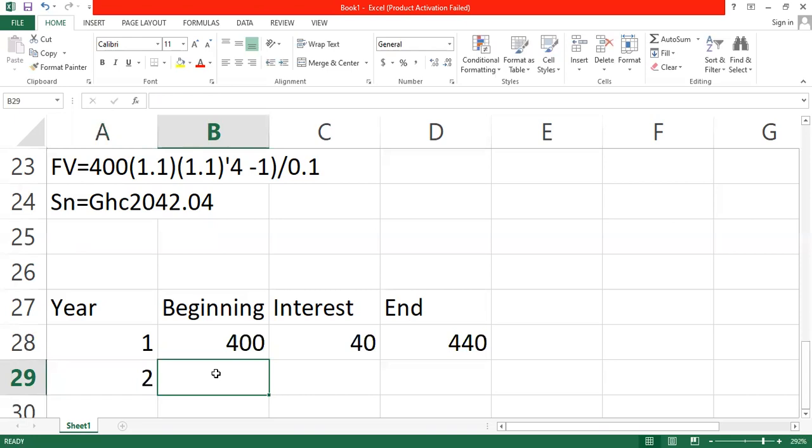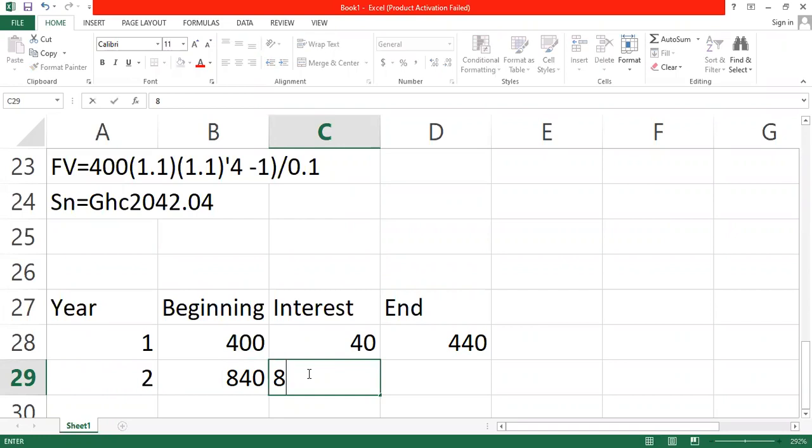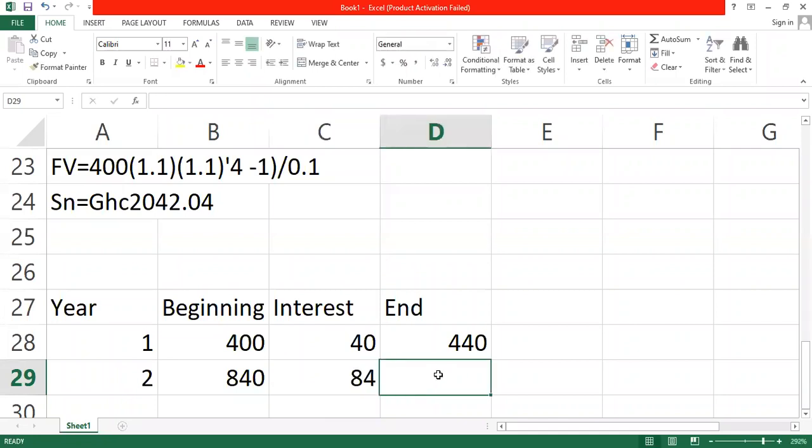We are going to have 440 plus additional transfer, isn't it? That will give us what? 840, because the transfer is made at the beginning of the year. So you have your balance from year 1 plus the additional transfer. So how much will be the interest earned? 10% is what? 84.